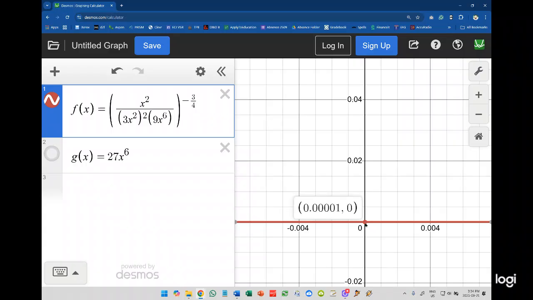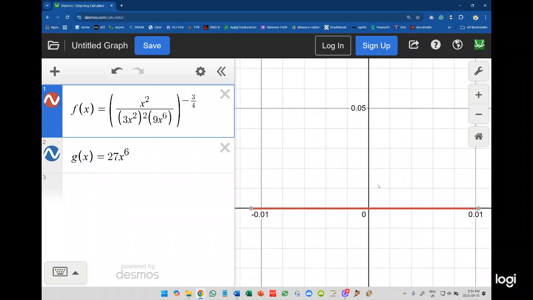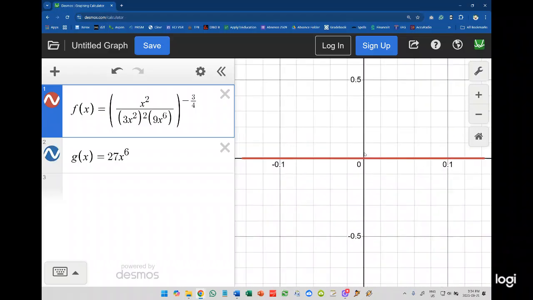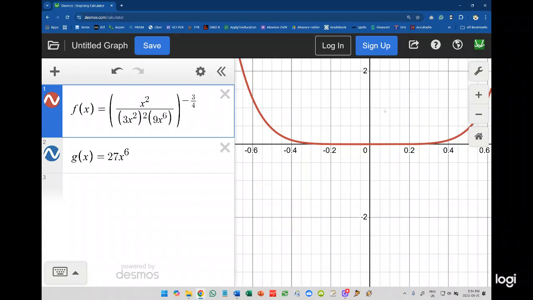So that's why we had to put that little extra restriction on there, just saying that at a brief point at x equals 0, that whole thing becomes undefined because we have a 0 on the top, a 0 on the bottom. 0 on bottoms of fractions are always going to be troublesome. So we're going to run into that issue. But other than that, it looks like 27x to the sixth.